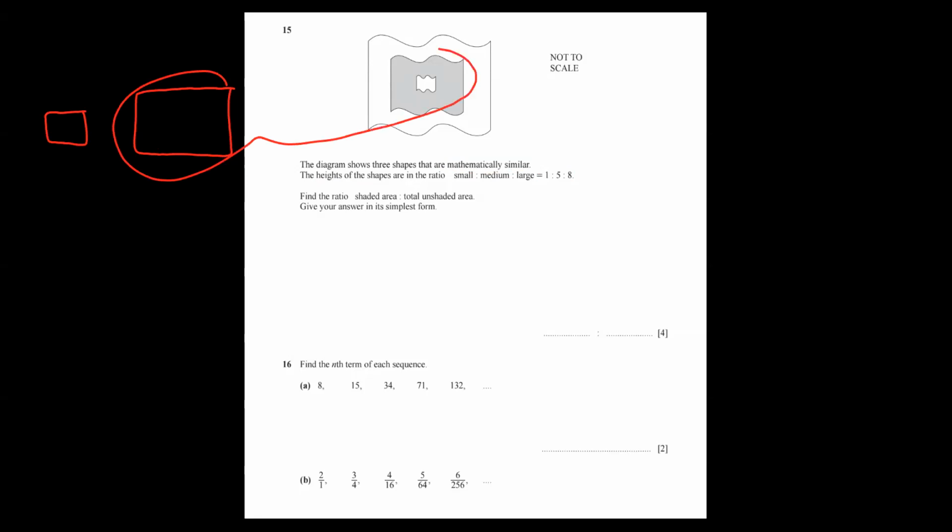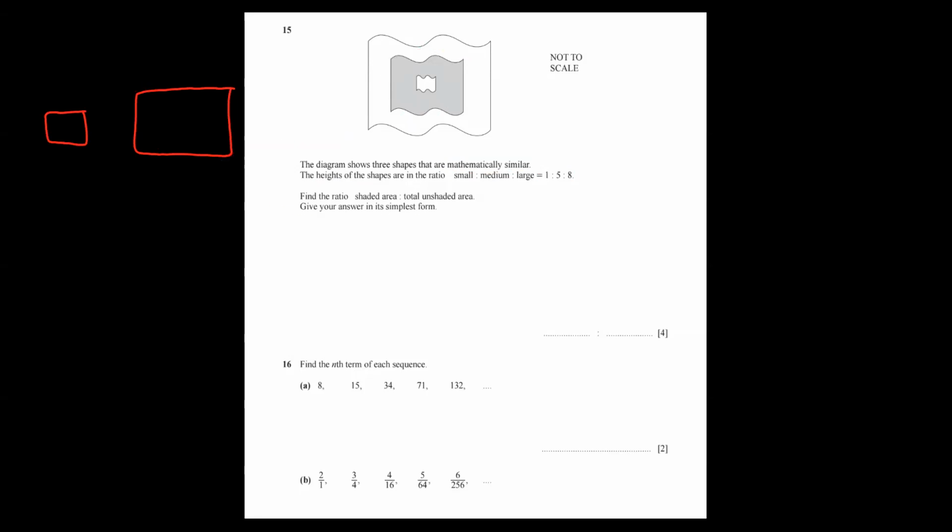When he writes the word similar, mathematically similar, you can ask one question. I'm going to say, what's the ratio between the heights? The same ratio applies in the widths. For example, this is a rectangle, and this is smaller. This is smaller inside, and this is a medium size.